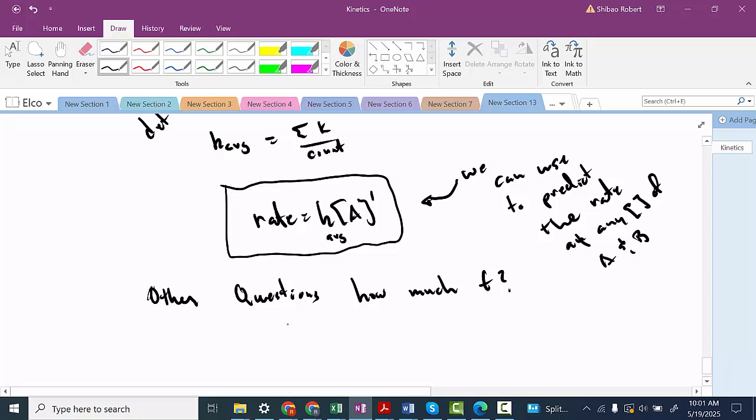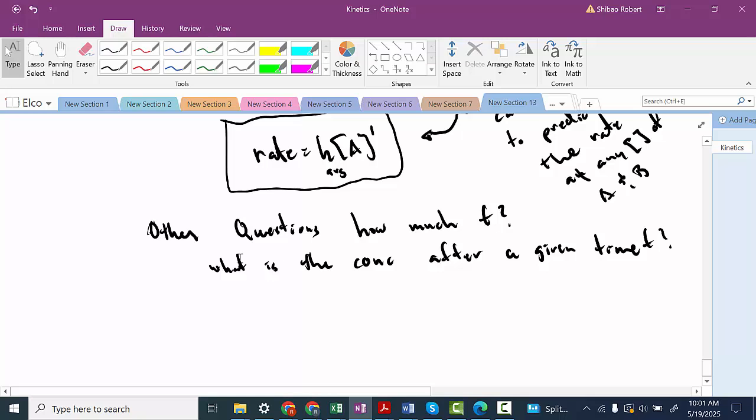And then other things would be, what is the concentration after a given time, t? Okay, and so these are questions that we'll ask. For these questions, the math becomes more complex, and so these are more complicated questions.